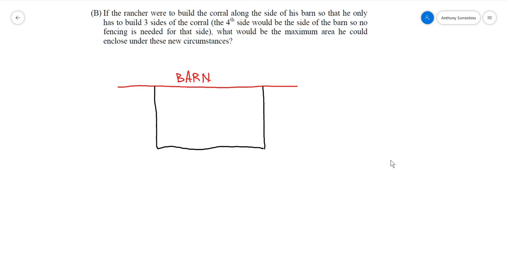So what I have here is I'm going to have these two, I'm just going to call them X in this instance. Opposite sides should be the same. And obviously, the fencing perimeter should still be 800 feet of fencing.